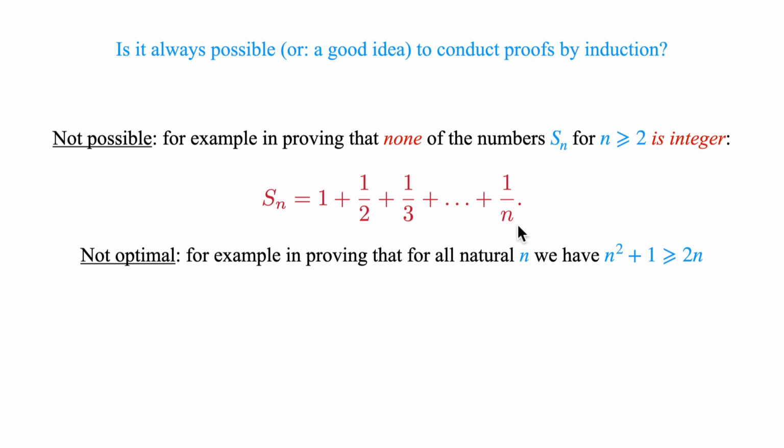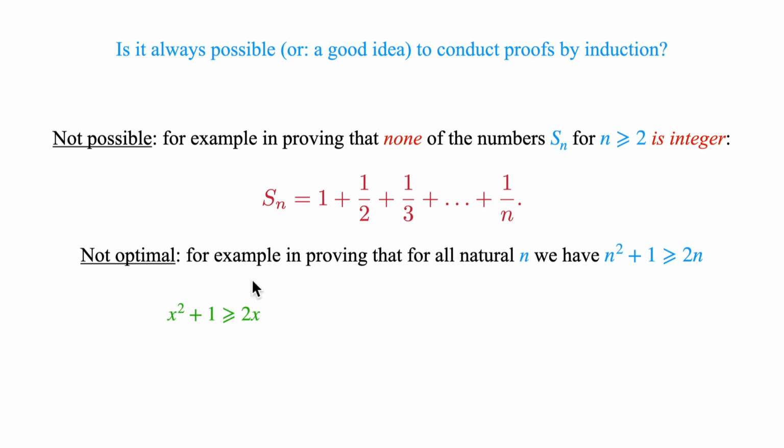Another answer to this question is that sometimes proofs by induction are not optimal. For example, you can try to prove this inequality by induction. It is possible, but you will have to consider some cases, and this proof will not be really optimal for induction.